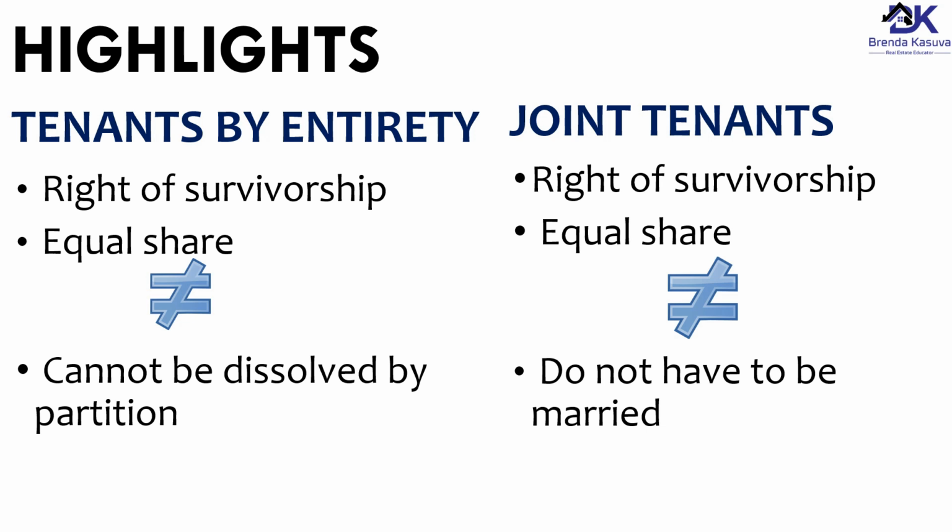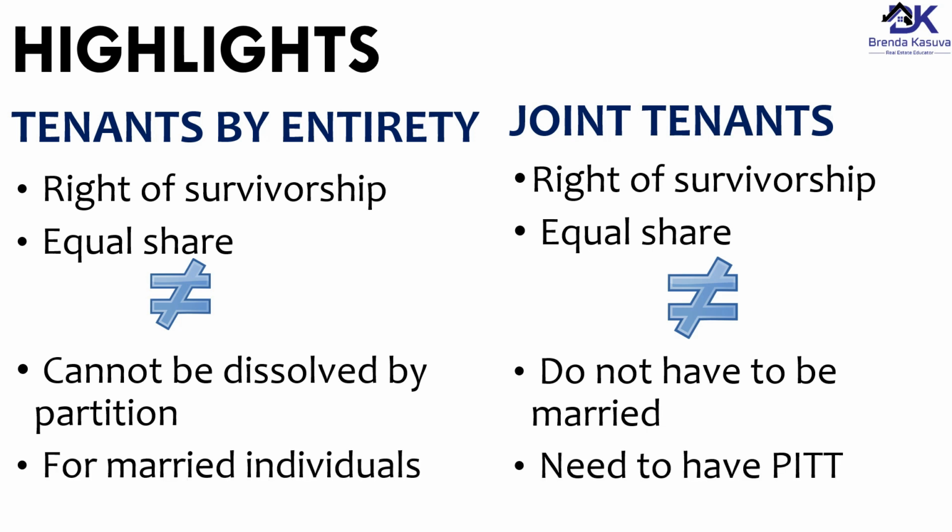You'd be going through a divorce and following whatever the rules are for that state. Joint tenancy, we do not have to be married in order to own the property together and have right of survivorship. Tenants by the entirety is for married individuals. Joint tenancy, remember, make a fist, has PIT: possession, interest, time, and title.